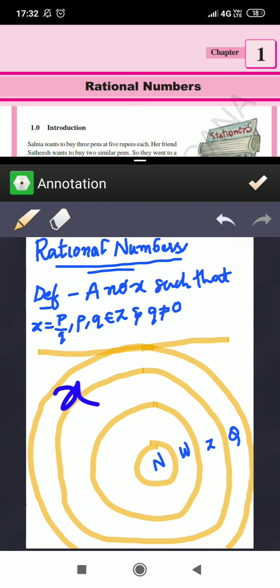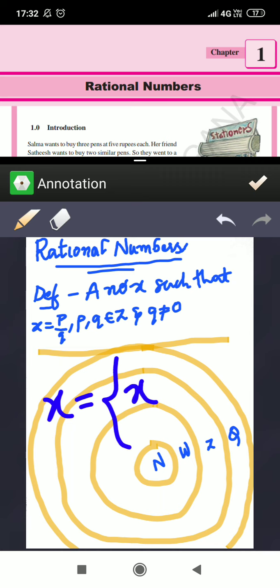The range of x, meaning the set in which it is defined, is nothing but rational numbers only. But what is the set of this? How can we define this?